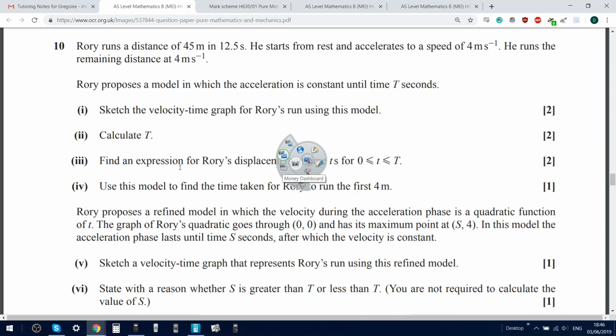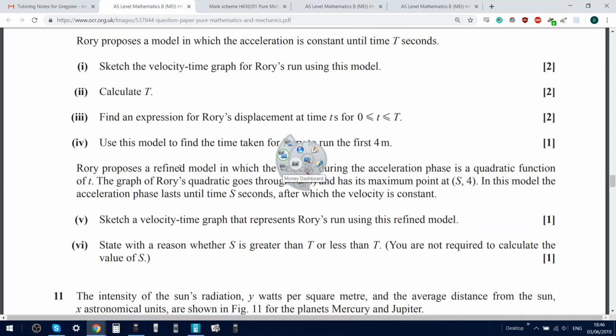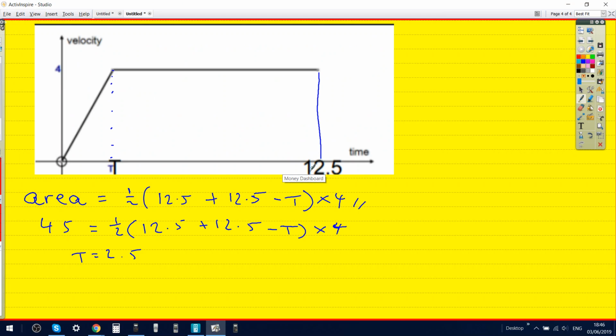He proposes a model in which the acceleration is constant till time t seconds. Sketch the velocity-time graph. So with this one, I looked at his displacement answers. It is just the area at time t.